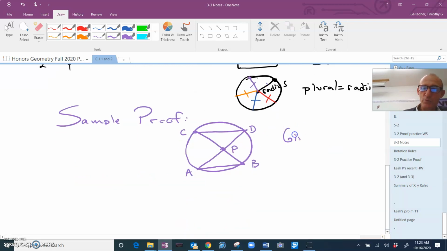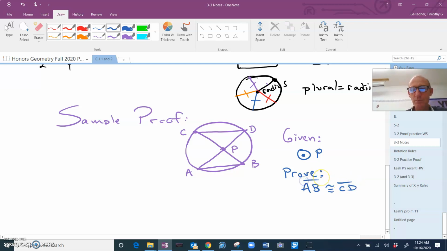In this proof, we are given the circle with the center of P, and we want to prove that AB is congruent to CD. So we want to prove that this segment is congruent to this segment, and sometimes I like to put a question mark there.